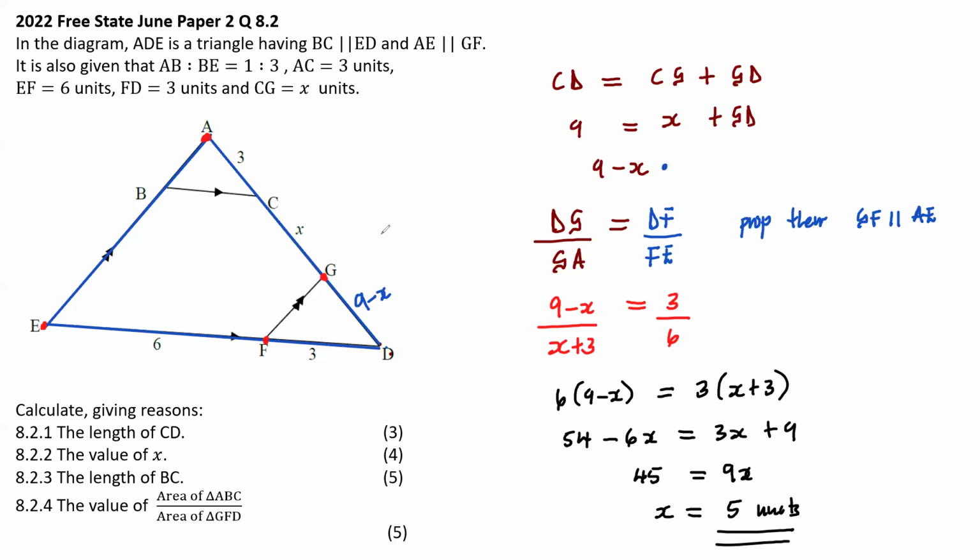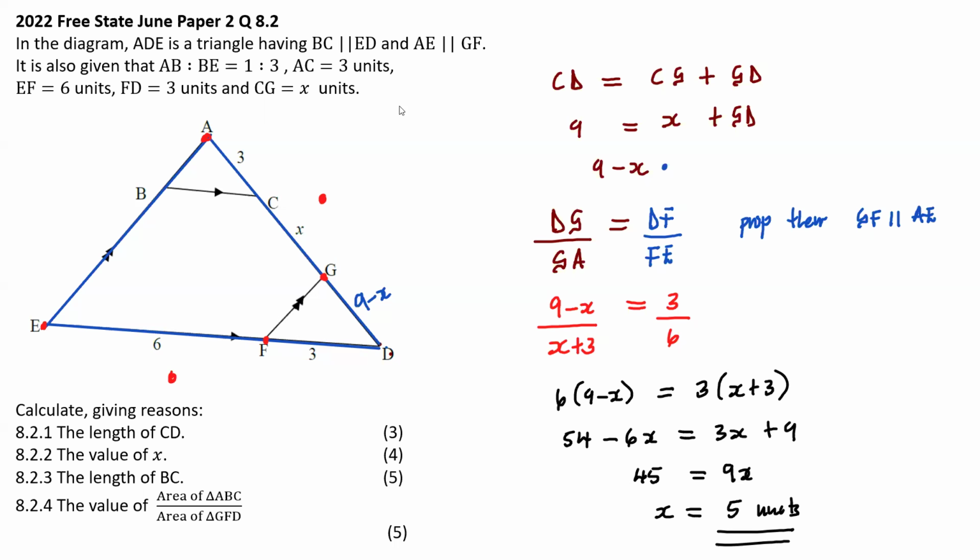When you're doing similarity, you deal with one side and it's proportion, then you deal with the other side and it's proportion. You can't pick proportionality from one side. It's got to be two sides. That's why the theorem says a line drawn from one side of a triangle parallel to the third side divides the other two sides in the same proportion.